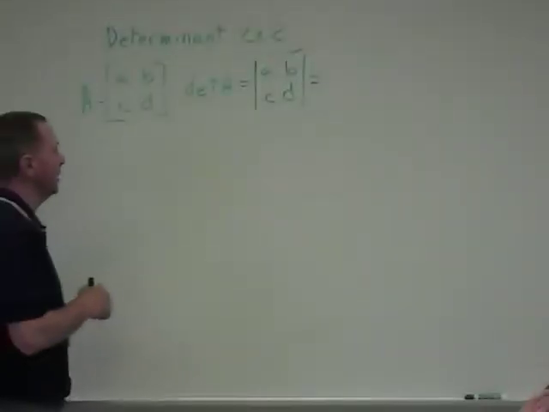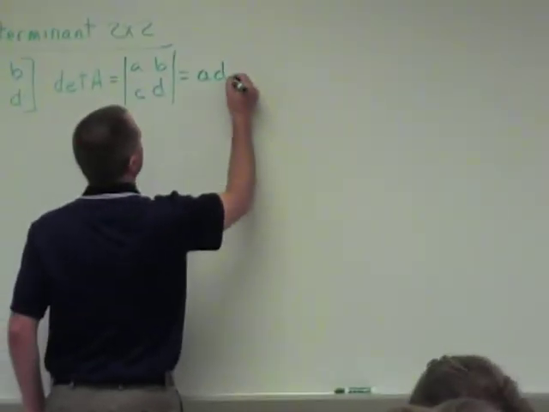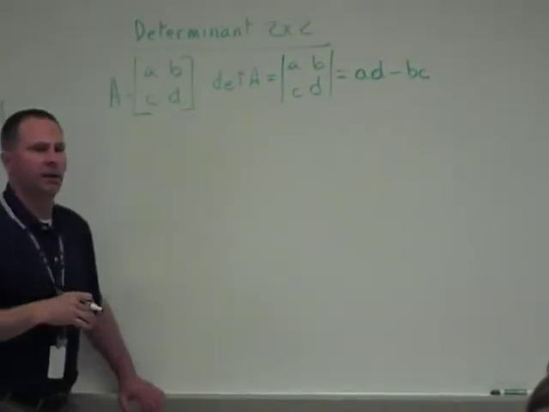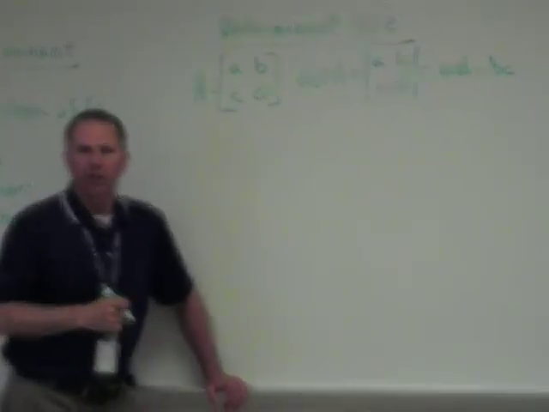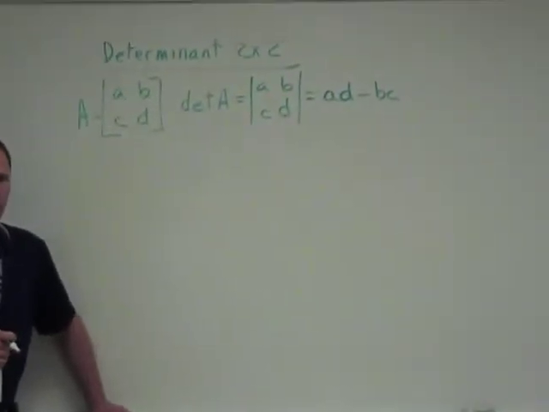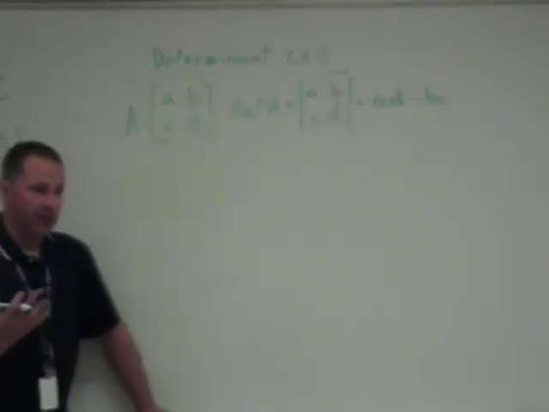I'm just showing it so in case you see this, you can say, wait a minute, I recognize this. This is a determinant. So this would be A times D minus B times C. So it's the denominator of how you find your inverse of a 2x2. Right? You recognize that?